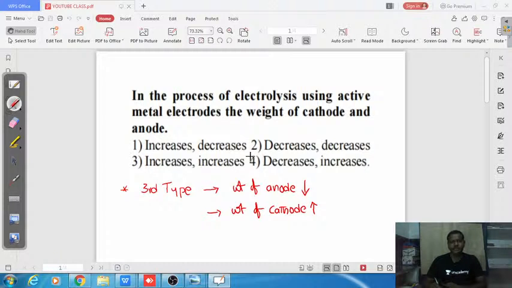Right answer is: weight of cathode increases and the weight of anode decreases. So the right option is the first option. Okay, next question.